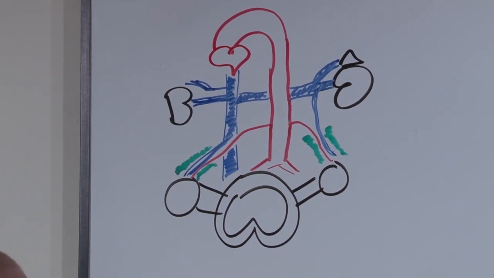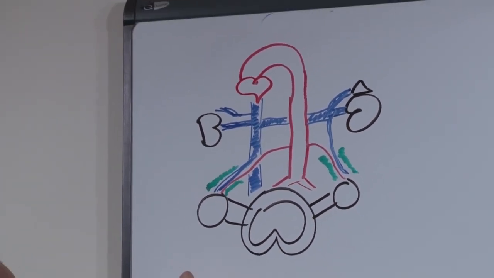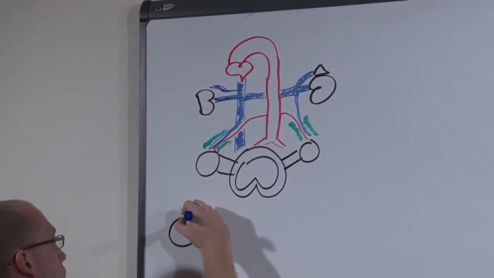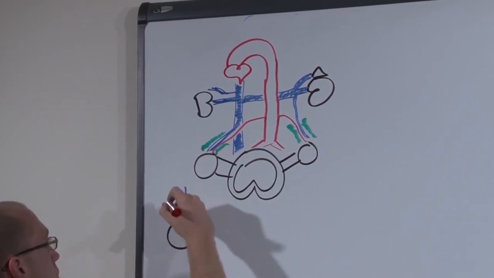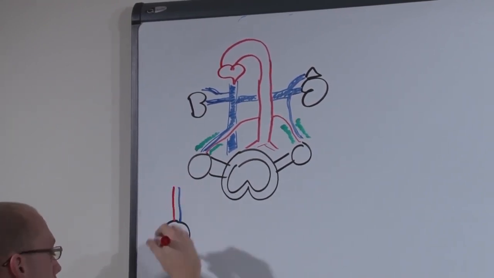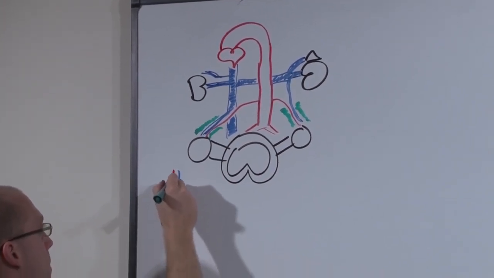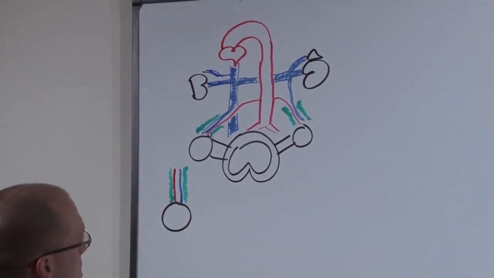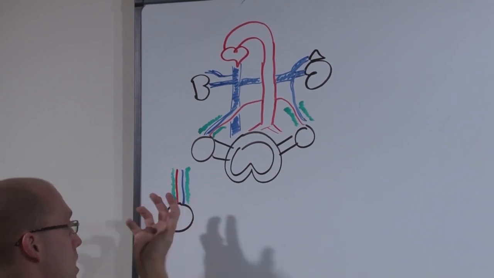Let's pause and do a clinical correlate right away. You've got an ovary, vein, and artery, all contained within a suspensory ligament. You can easily see how an ovary, or especially one weighted down by a cyst, might twist.